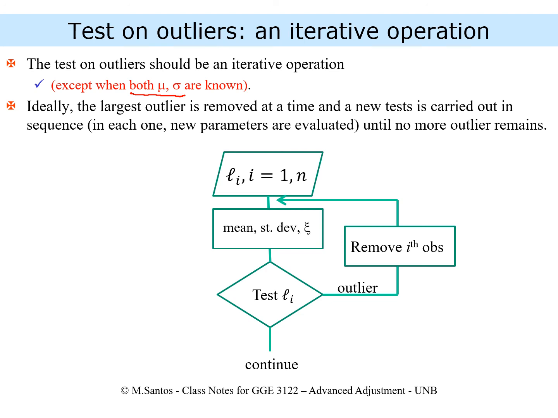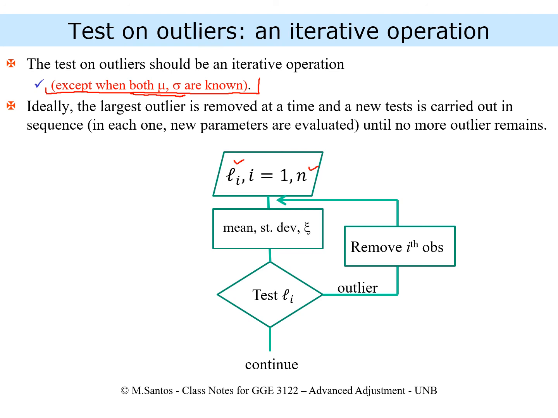The iterative process is as follows. Given a set of n observations from i to n, we compute the mean and standard deviation, or we are given mean and standard deviation, one or the other. Again, we don't need to do an iterative operation if we are using both population mean and variance. One of them has to be unknown.